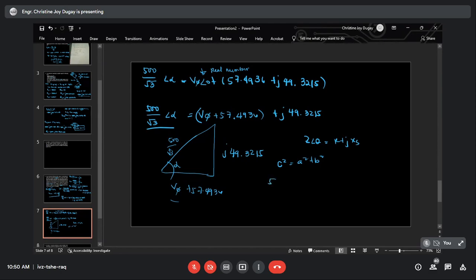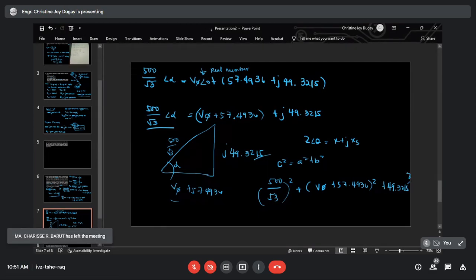Applying it here, that is (500 over square root of 3) quantity squared equals A, which is V-phase plus 57.4936, quantity squared, plus 49.3215 squared. If you solve that now, what is the value of V-phase?